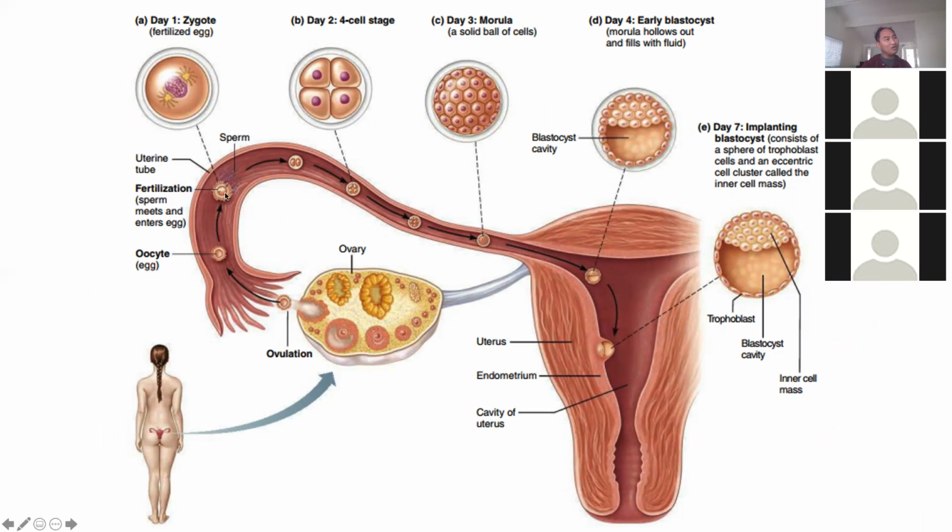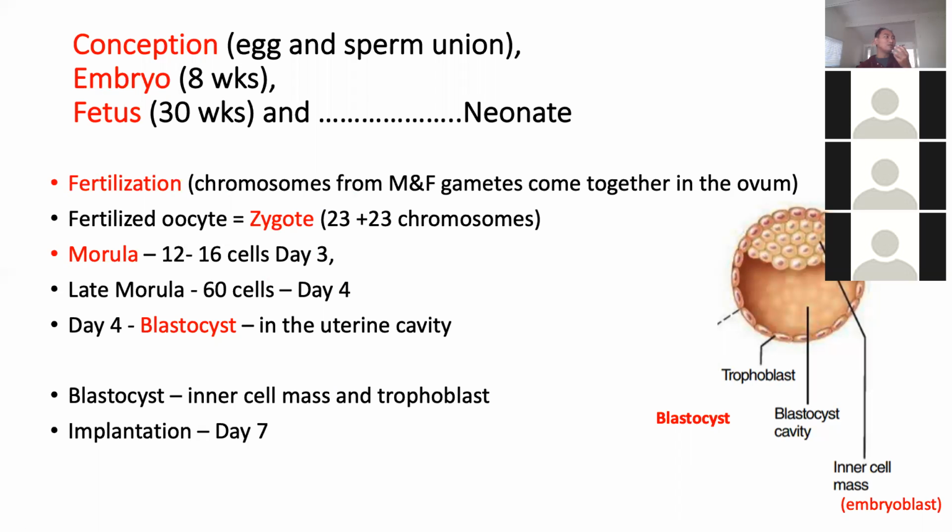It comes along the fallopian tube, goes along here, and finally gets into the uterine cavity after day 4. And it will gradually embed into the uterine endometrium, and that is called implantation. So conception means egg and sperm union, embryo.